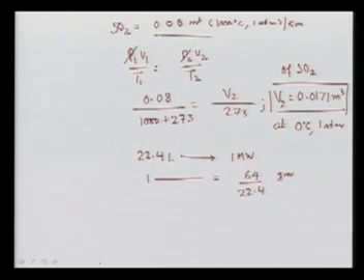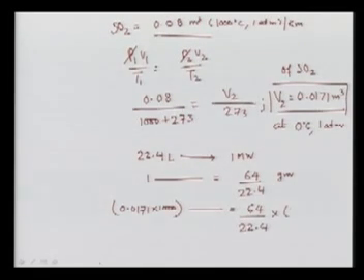Now this was for 1 liter. So, how much volume do I have here? 0.0171 meter cube. I can also convert this into liters by multiplying by 1000. So, this will give me how much mass? 64 by 22.4 multiplied by 0.0171 into 1000.